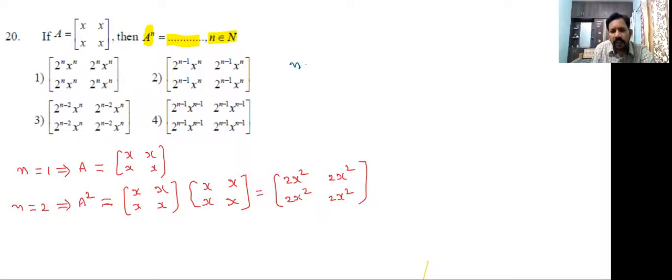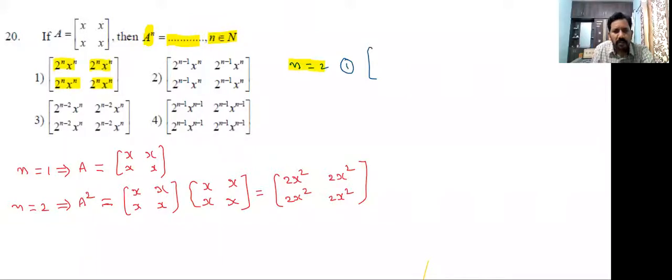If n is equal to 2, I am going to verify the first option. In the first option, what is the answer? See, 2 power 1, so 2 power 2 now, n is equal to 2. Substitute here in these four matrices.